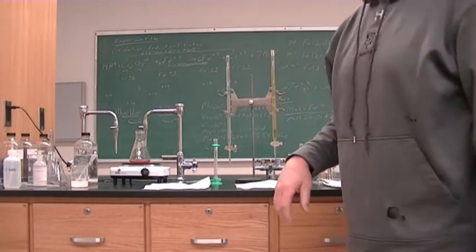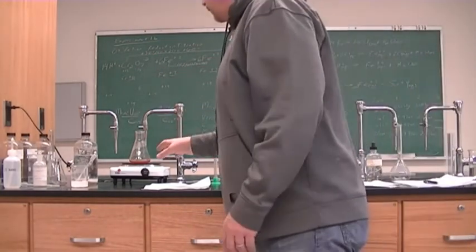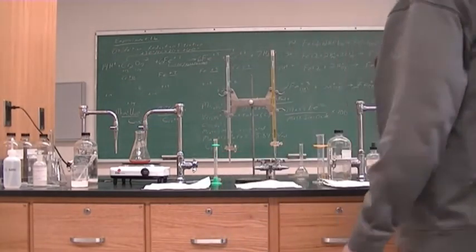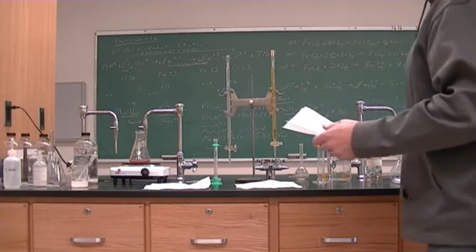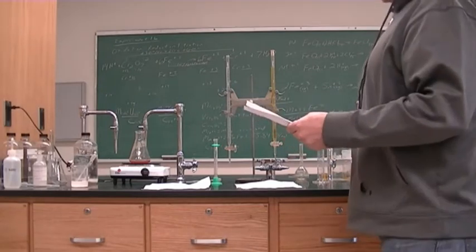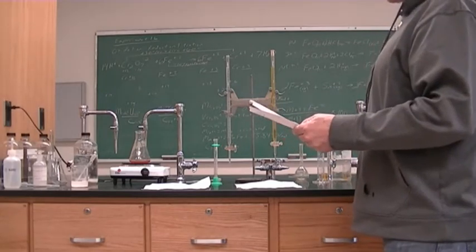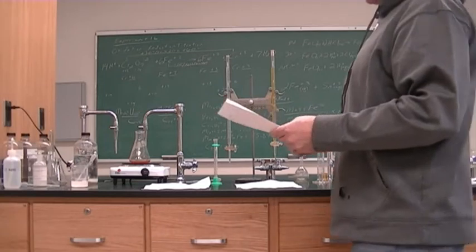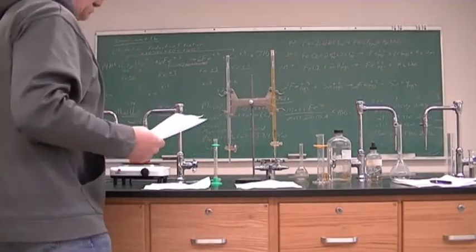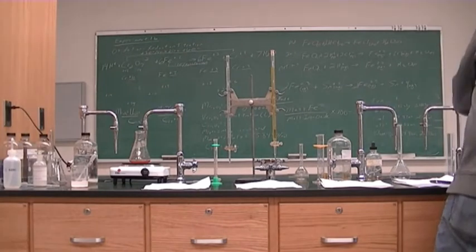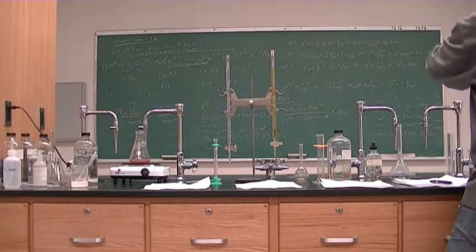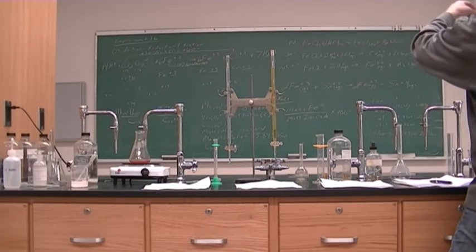It is not homogeneous. It is solid and liquid. So we're going to heat this up to dissolve it. In the meantime, I'm going to get my mercury chloride, 5 mL of mercury chloride, ready.